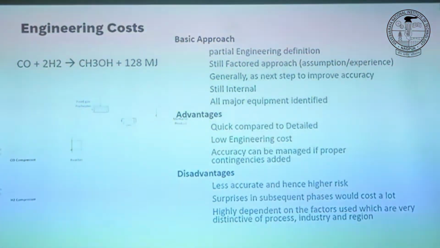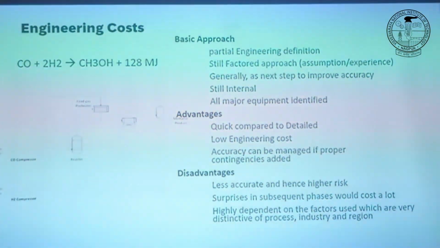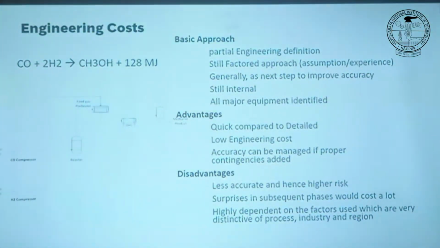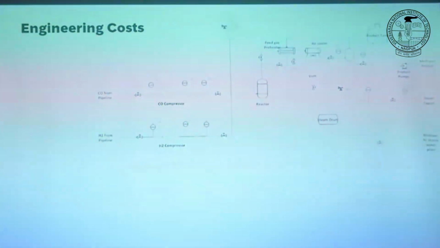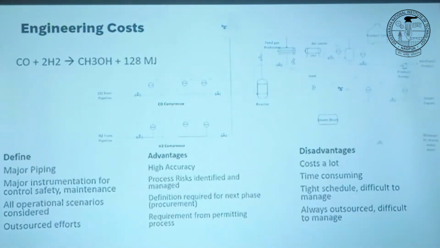Their trust in your business case or business plan also depends on how much detail you have thought about already. So as you go along from conceptual to basic to detailed, you are reducing your financial risk, and the lower the financial risk, the more trust people will have in you, and you will achieve your project financing easily and smoothly.